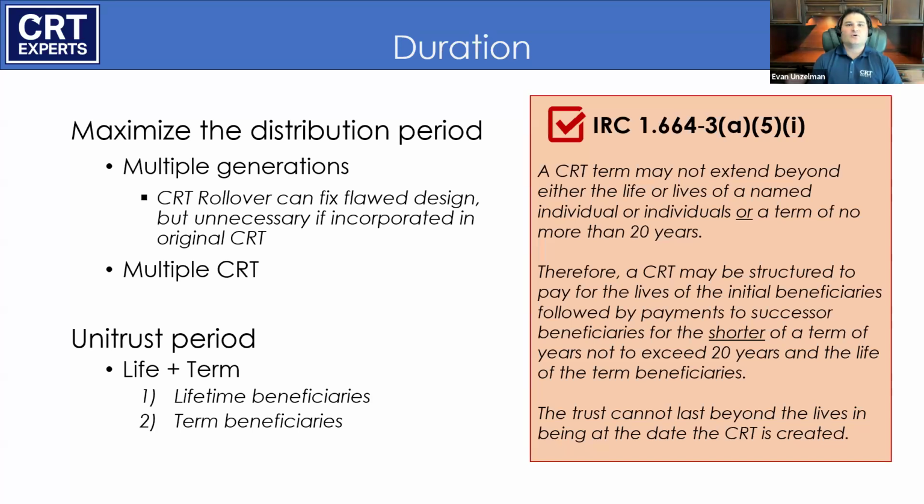This does not mean there are only two choices, life or term. We can structure a CRT so that it pays the life or lives of the initial beneficiaries, followed by payments to successor beneficiaries for the shorter of a term of years not to exceed 20 years and the life of those successor term beneficiaries. As long as the trust is worded properly, we can move to this joint lives plus term structure. Yes, the trust cannot last beyond the lives in being at the date the CRT is created, but we are not running afoul of that requirement if we're structuring this appropriately.